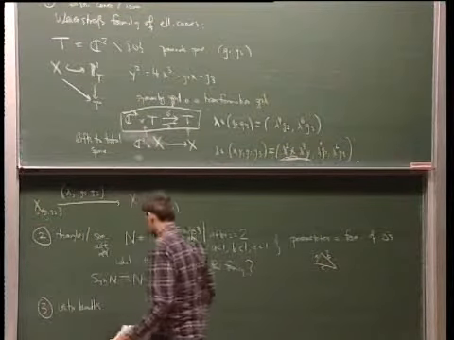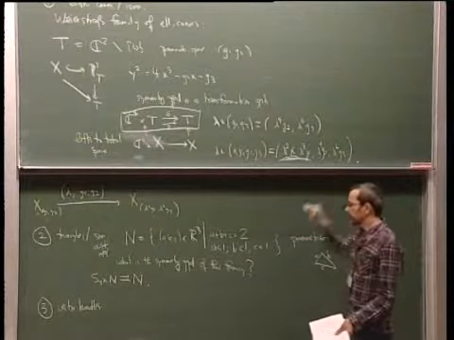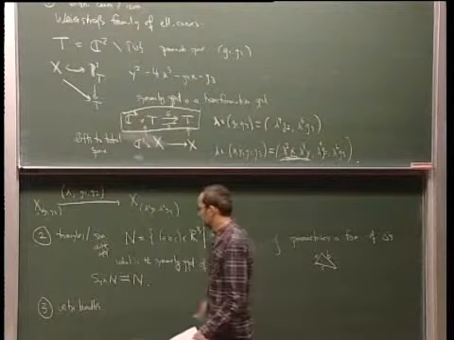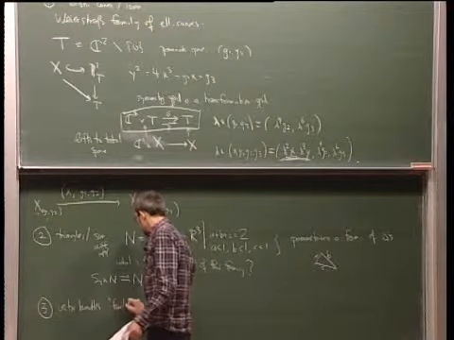Vector bundles is a mathematical way of formalizing the notion of family of vector spaces. So this is the same thing as a family of vector spaces.